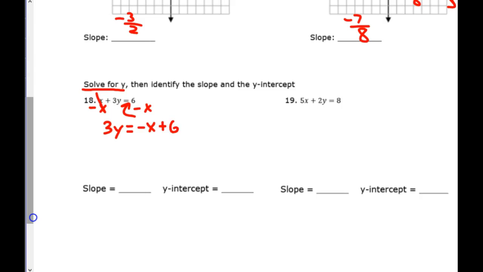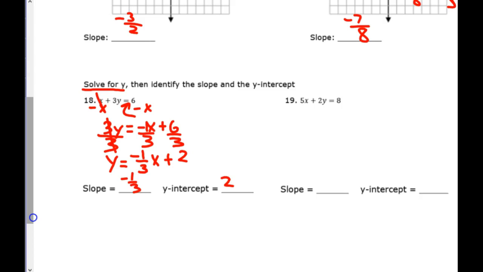And what's in front of that x? It's a negative sign and a 1. Now, to get rid of this 3 coefficient, your last step is always to divide, no matter what it is, positive or negative. Divide. So y equals negative 1 over 3 x plus 6 over 3 is 2. So there's your slope and your y-intercept.